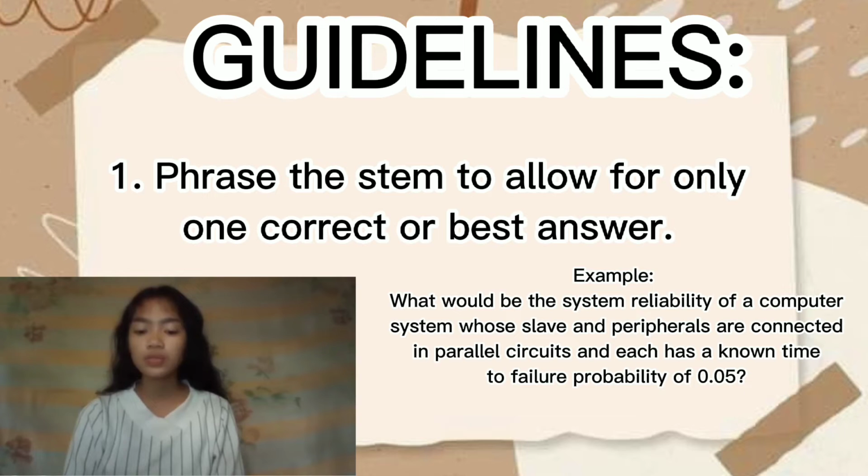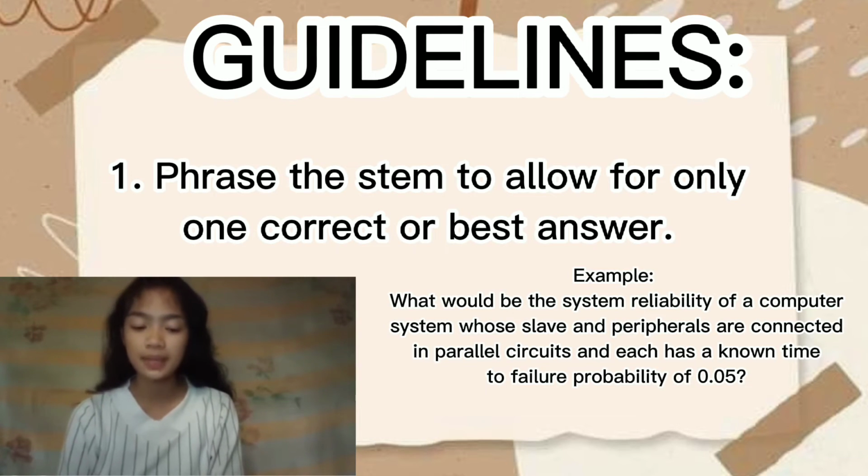Each has a known time to failure, probability 0.05. A student completely unfamiliar with the term slave and peripherals may not be able to answer correctly even if he knew the subject matter of reliability.